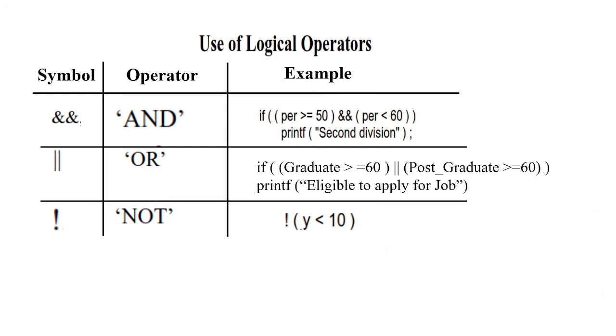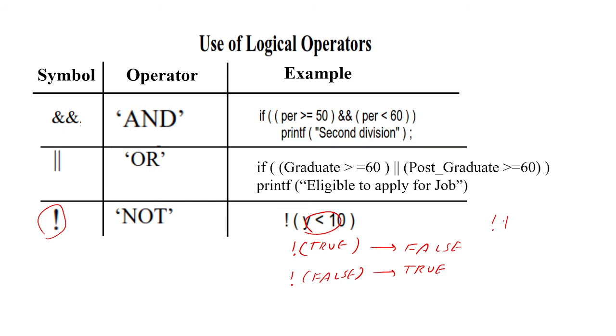So it does the opposite, means if this condition is true, it will give false, and if the condition is false, it will give true. Complement means if there is 1, it will complement and give 0, and if it is 0, it will give 1.